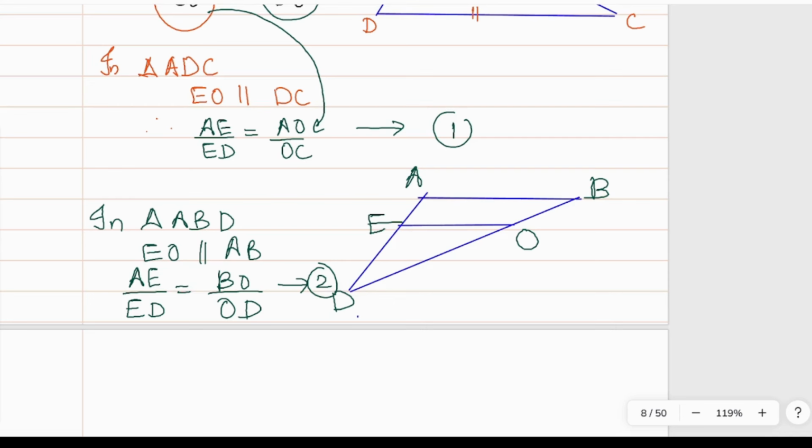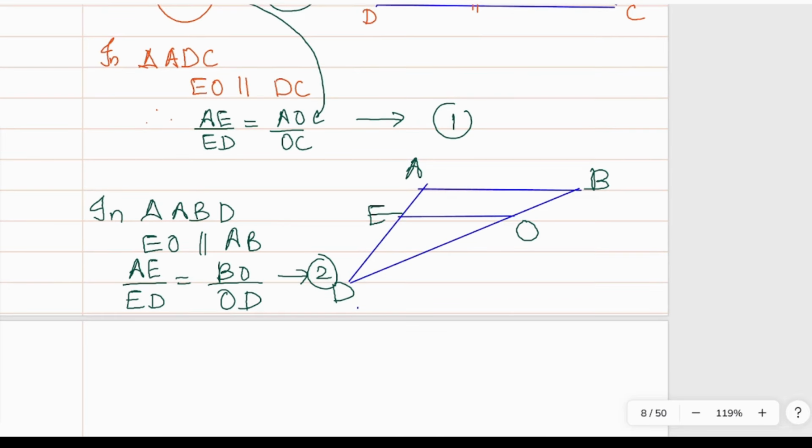From equation 1 and 2, I can write one thing. Look at the question. From 1 and 2, we get AO by CO equal to BO by OD. Look, my LHS is the same, right?